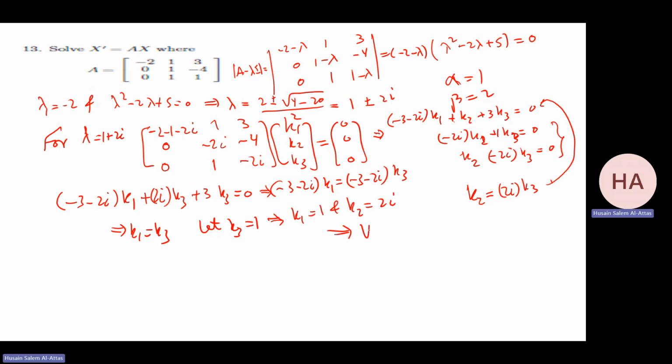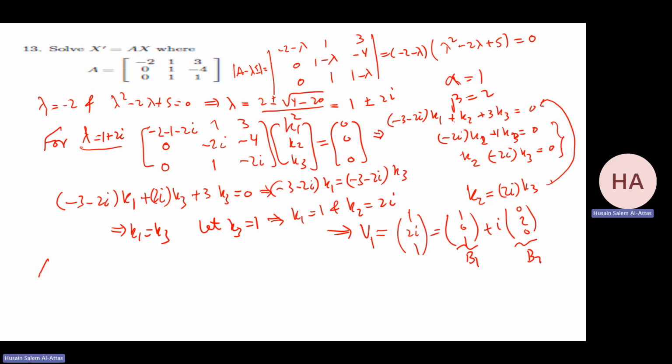So my V, I start with the non-real. So my V1 will be what? 1, 2i, 1, which is 1, 0, 1 plus i times 0, 2, 0. So this is B1, this is B2.